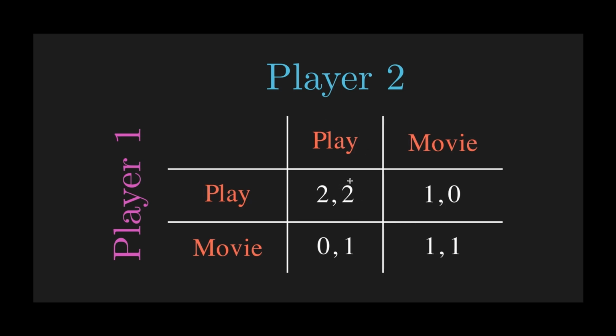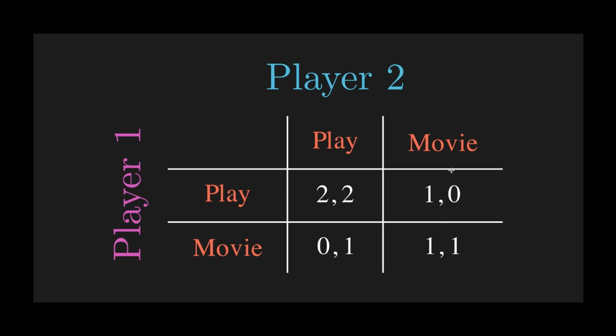They like going to the play, player 2, even on their own. So here we're saying if player 1 is going to the movie and player 2 is going to the play, then player 1 gets a payoff of 1. So it's not quite as nice if they go to the play with their date, but they're still happy going to the play on their own.